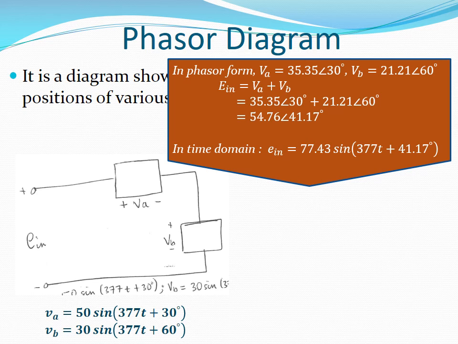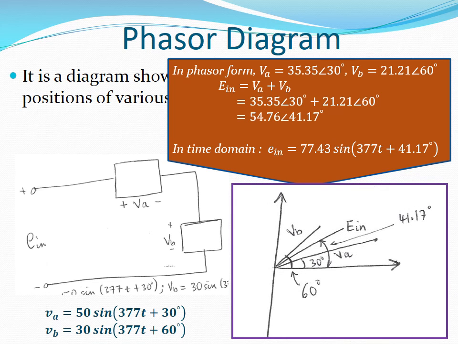Therefore, in phasor form, the input voltage is 54.76 at 41.17 degrees. In time domain, the input voltage is 77.43 sine 377t plus 41.17 degrees.